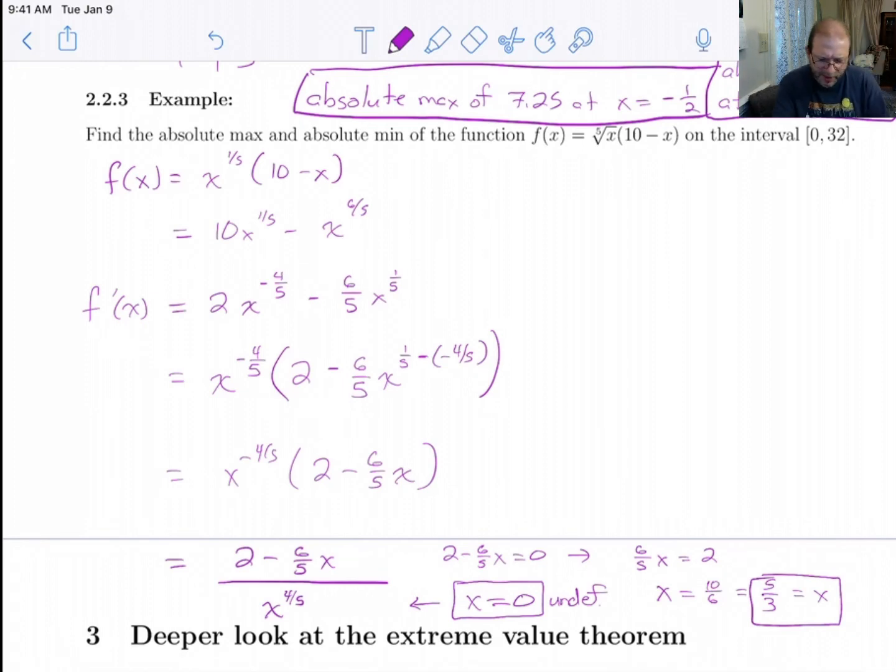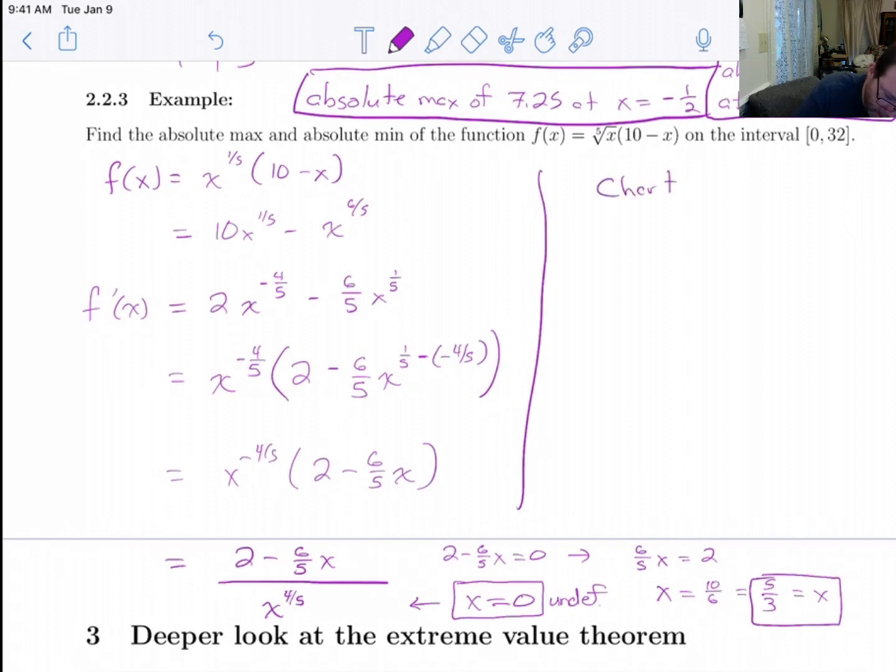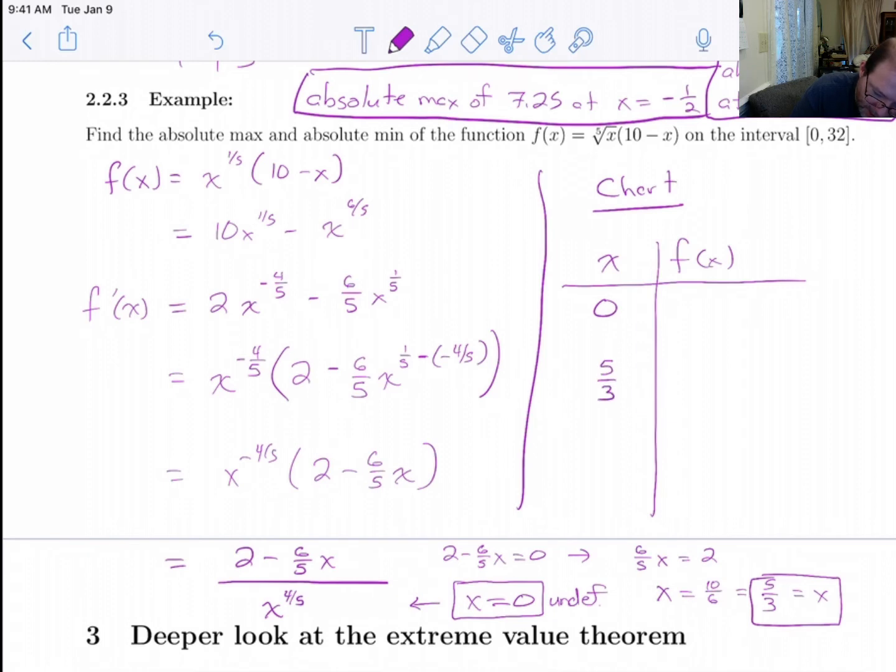Now what's left is I have to make a chart. I'm going to put in x and then f of x. And the numbers that go here are, let's see, my critical numbers and my endpoints. Now notice 0 wound up being both one of the endpoints and a critical number, but we only need to include it once in the chart.